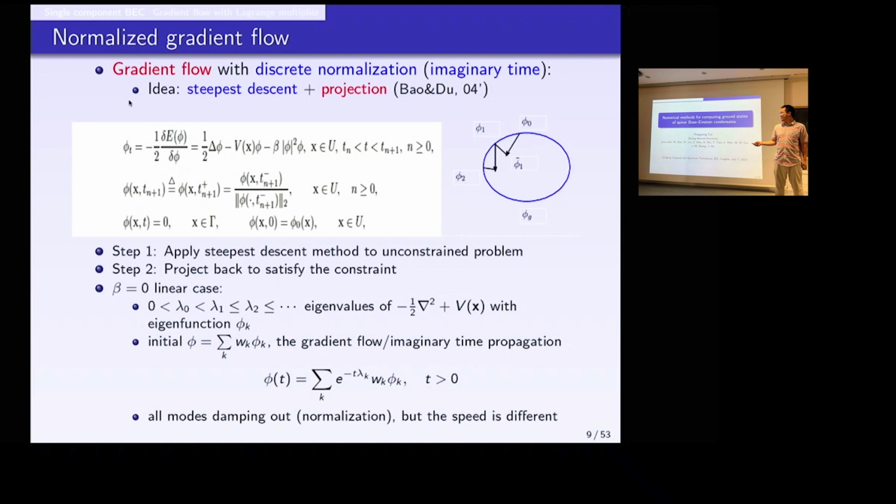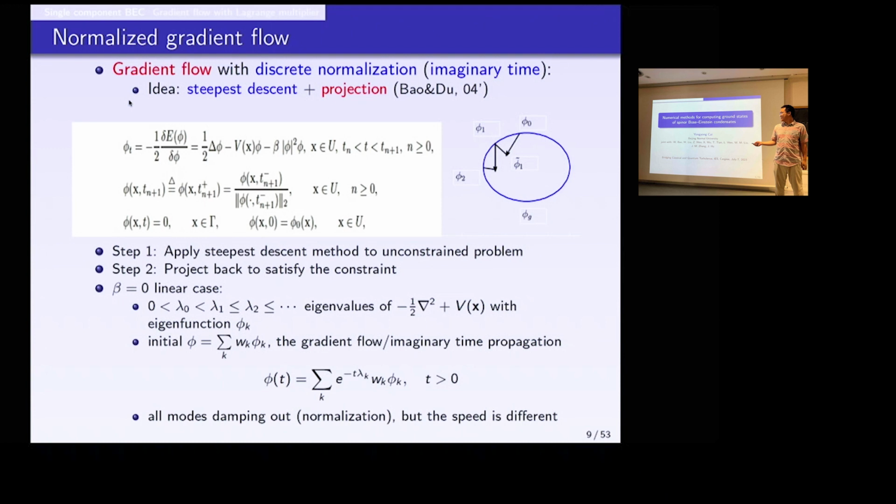After you repeat the iteration many times, eventually only the first one will remain in the final solution. So this is somehow the inverse power method of the eigenvalue solver.